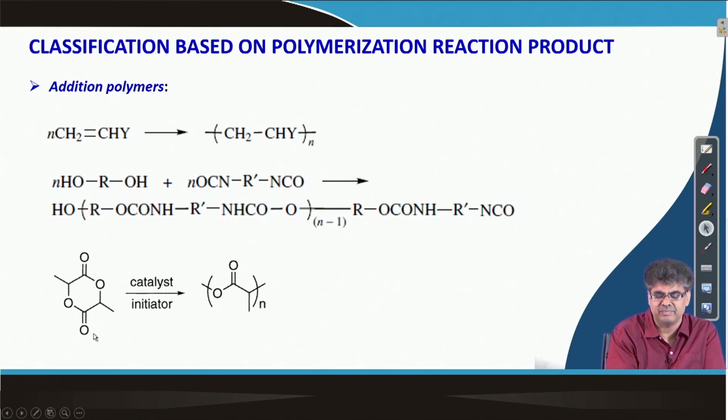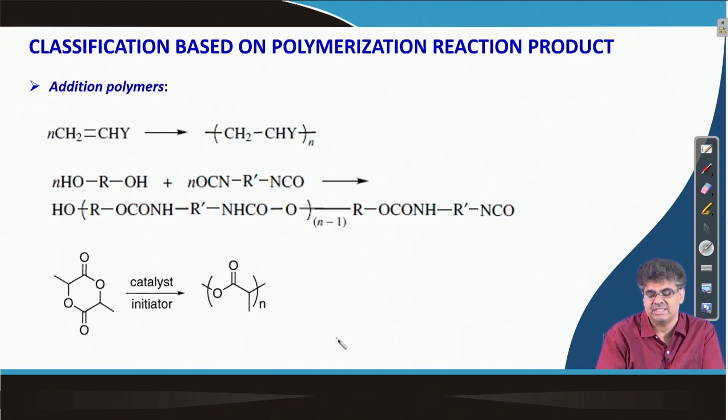Similarly, this ring opening polymerization of this lactide should also be considered an addition polymer, because in this case the monomers are getting added up to make polymer. Similarly, in this case also the monomers are getting added up to make polymer, and in all these cases no small molecule is coming out from the reaction mixture.